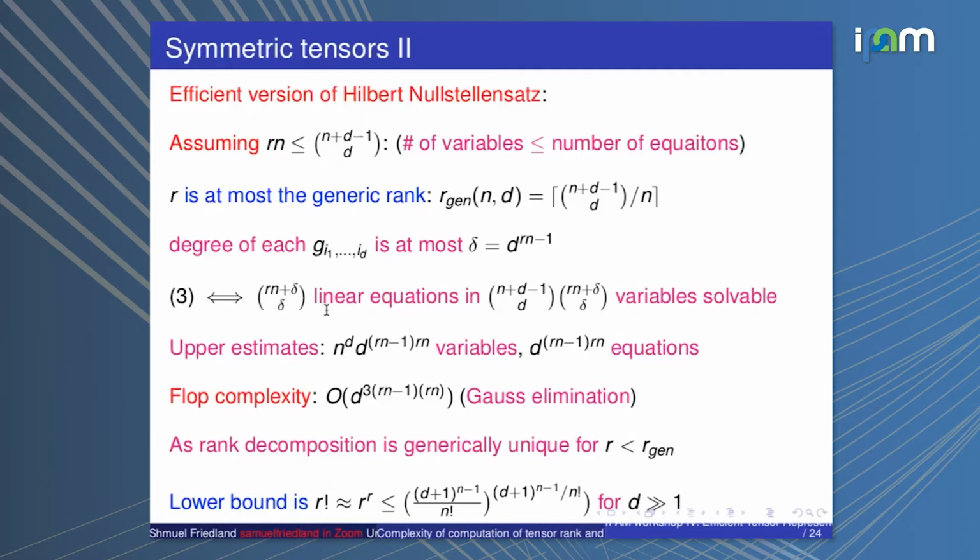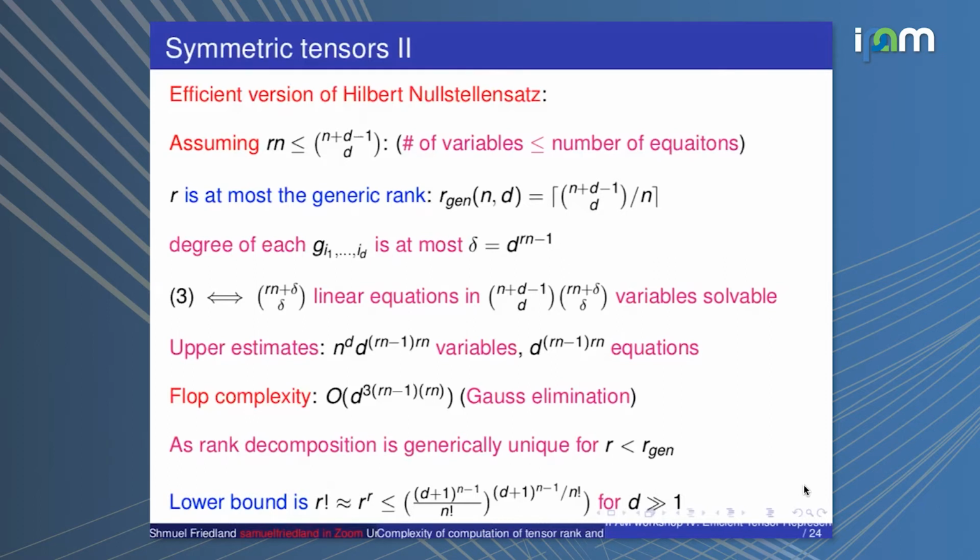Its upper estimate says the number of variables is d to the power Rn minus 1 times Rn, and this is d to the power Rn minus Rn equations. If I do just Gauss elimination, because it's all linear equations, you see, on line number 3 from the bottom, the complexity is O of d to the power 3(Rn minus 1) Rn.